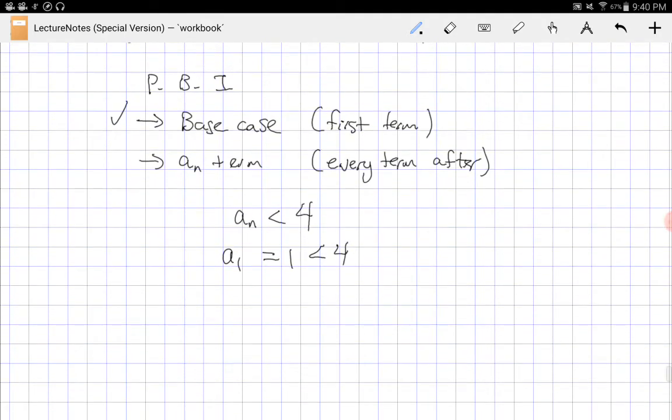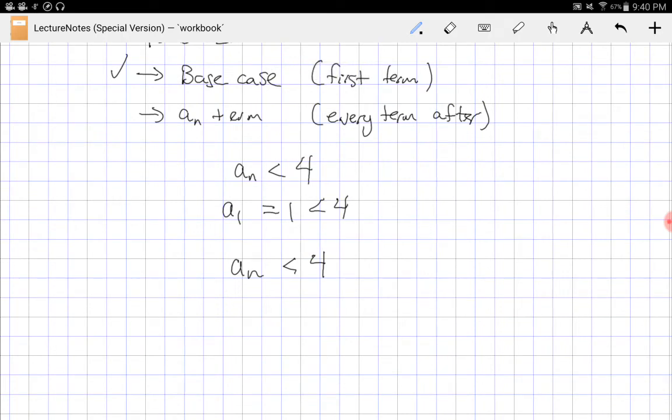Now the next thing we want to do is prove the an case. We're saying that if my current term is less than 4, then I want to prove that my next term will also be less than 4. So if an is less than 4, then 3 plus an will be less than 3 plus 4, and the square root of 3 plus an will be less than the square root of 7.